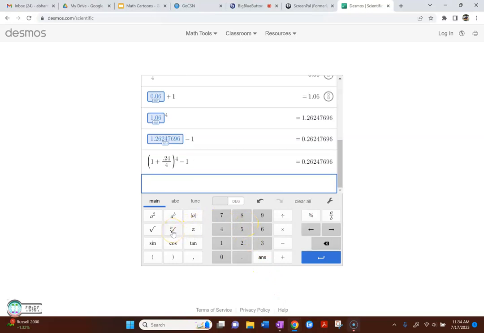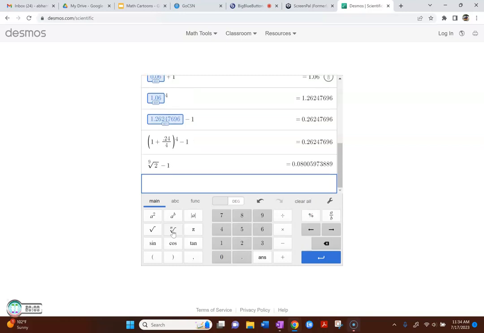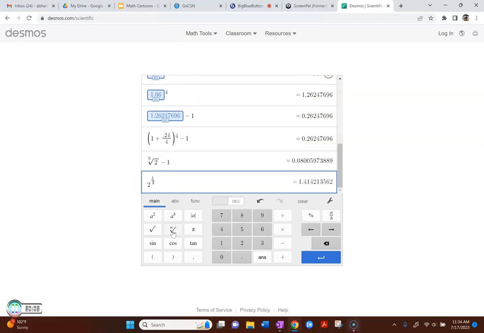I have an nth root here, so I could do the 9th root of 2 and then minus 1. Or you can go 2 to the 1/9 minus 1. That's the other way to do that. 0.0800597.